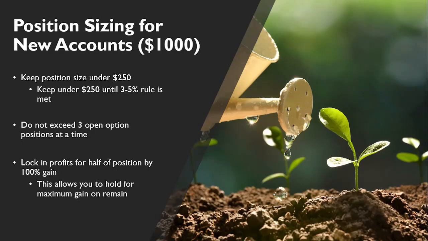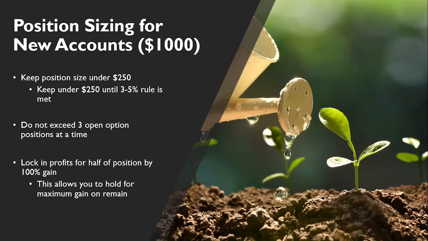As I said, the position sizes for a new account: I think $1,000 is pretty fair to say for a small account, and you can scale this up or down. If you had $10,000, you can use the 3 to 5% rule. If you had $2,000, still keep that level in place. But $1,000 is a pretty good place to start.